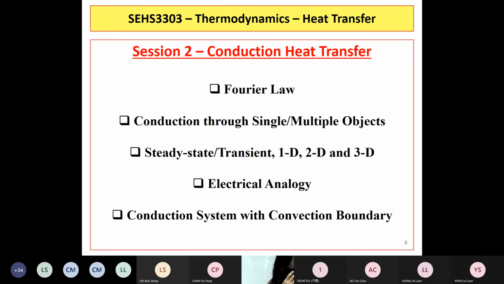Then we will use the electrical analogy to make the calculation easier. At last, we will try to solve the conduction system with convection boundaries.